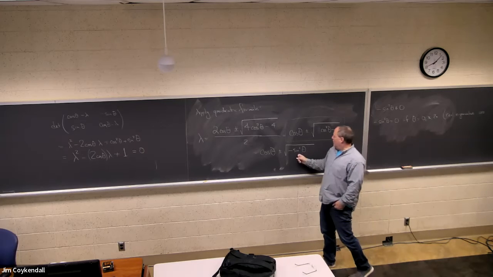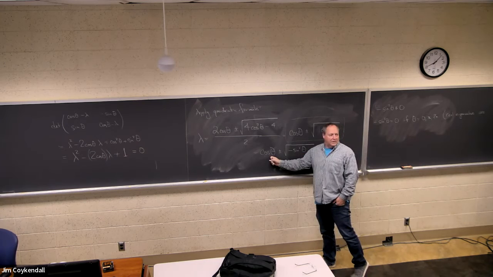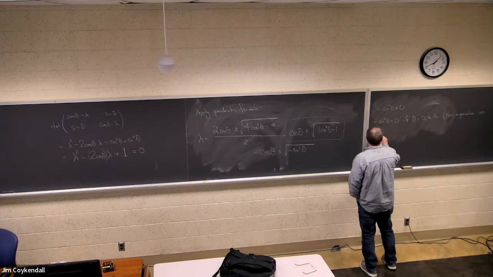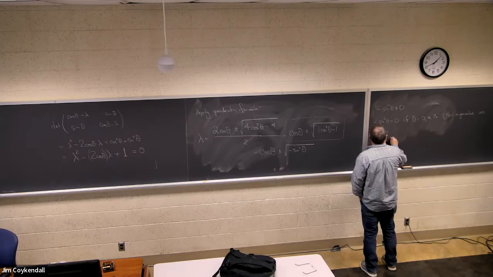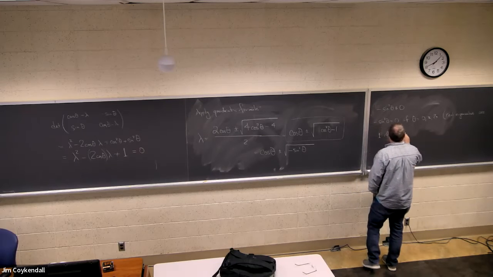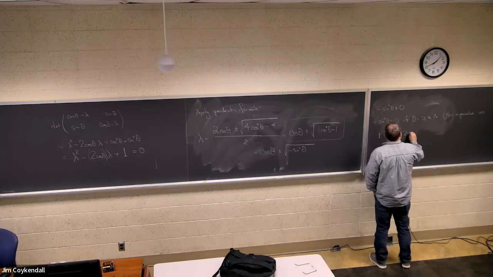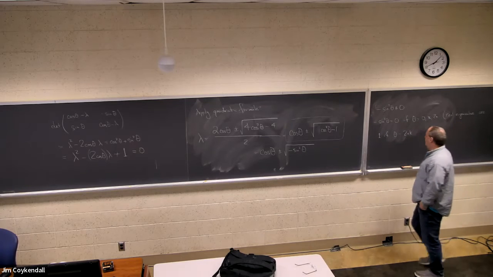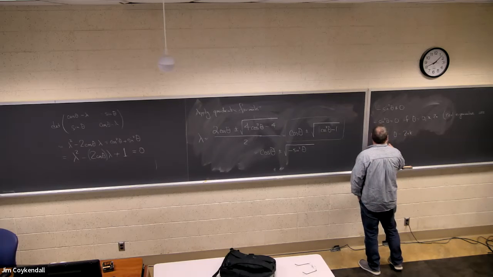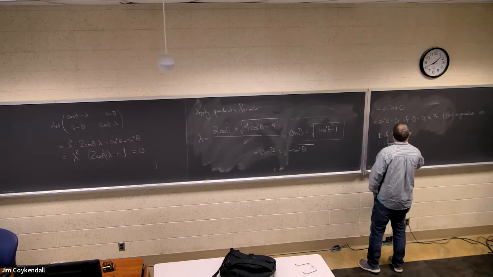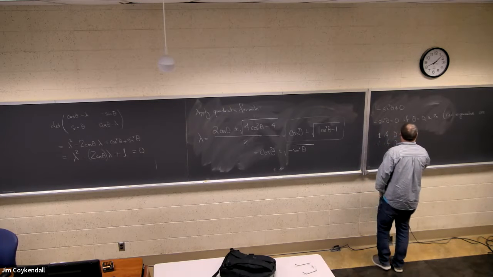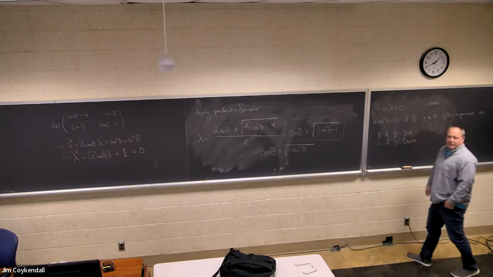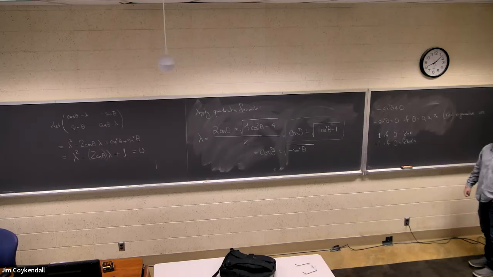If this is 0, then the real eigenvalue you get is cosine theta. 1 if theta equals 2 pi k, that is, it's a multiple of 2 pi, and it's negative 1 if theta is (2k plus 1) pi, that is, it's an odd multiple of pi.